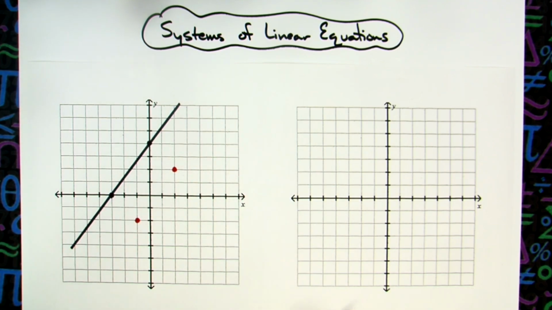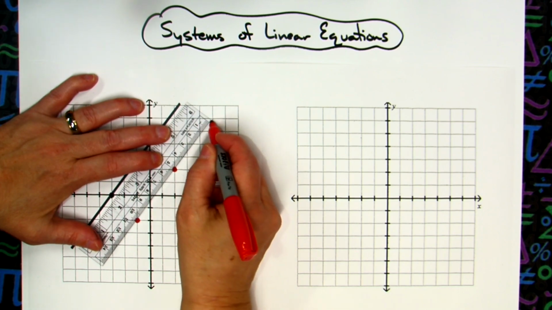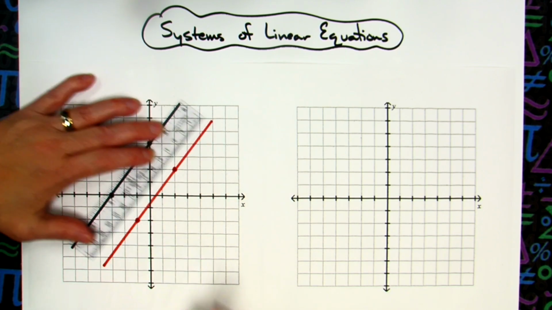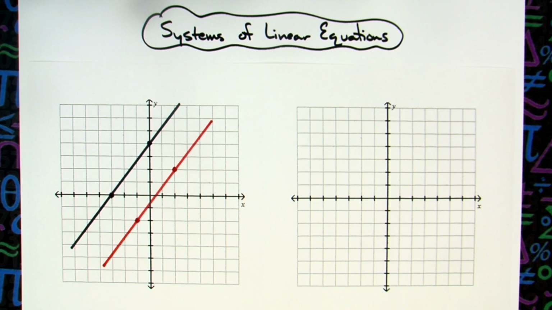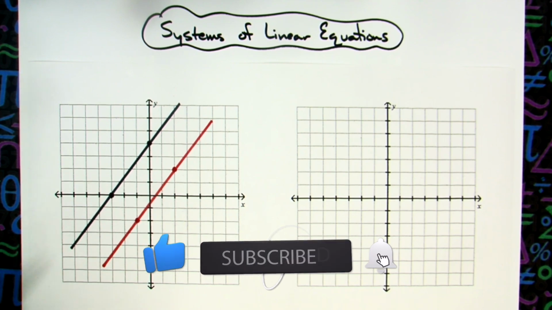And then when we graph that second line, it might end up like that. So when we graph two lines, they don't have to cross, they could be parallel. If they are parallel, from last week, do we remember what we said this was? This one is no solution because the two lines will never ever cross, they are parallel.